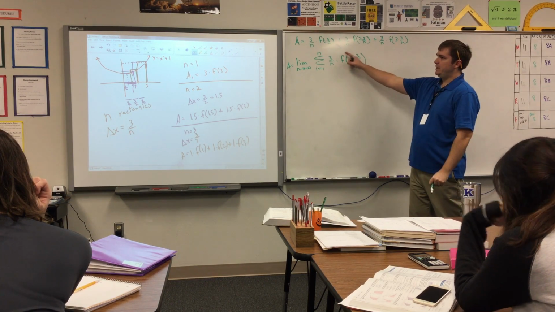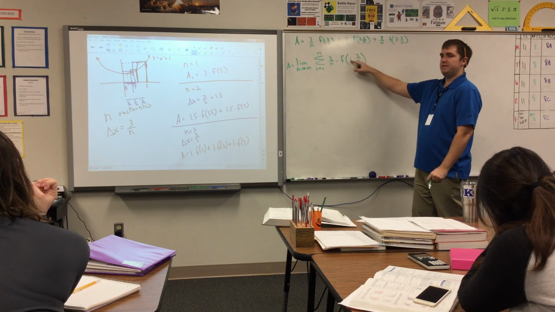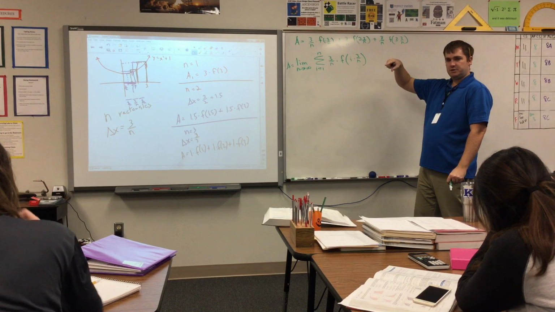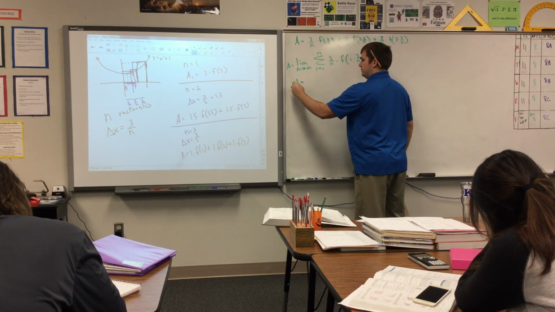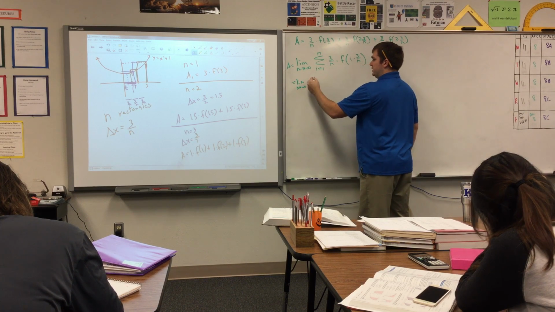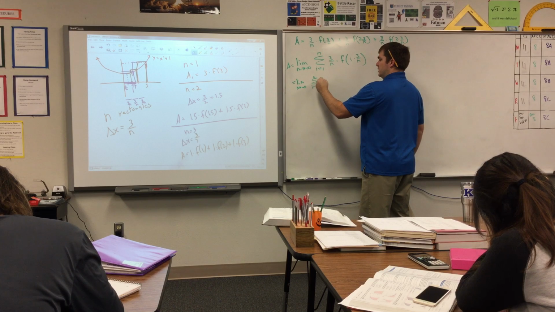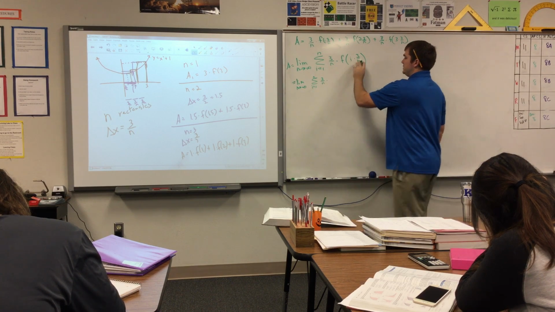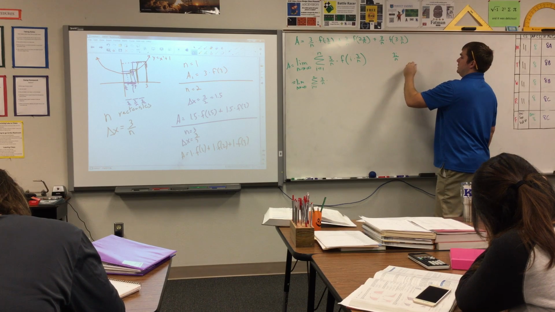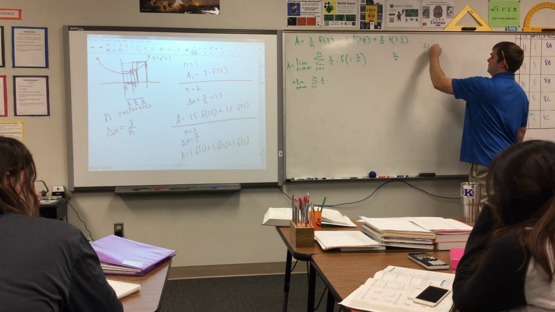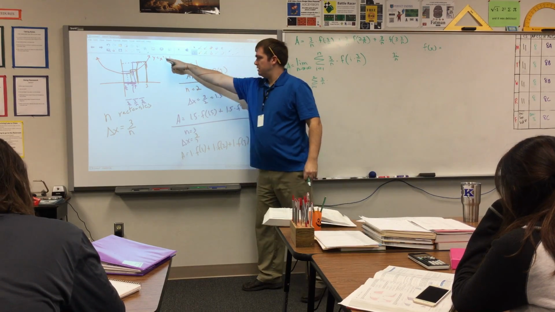Now, what we didn't have earlier was a statement that looks like this. We're going to have to actually plug this into the function to get an answer. So we would say the limit as n approaches infinity of the summation from i equals 1 to n of 3 over n times, y'all said that was 3i over n. What is f of x in this case? X squared plus 1.